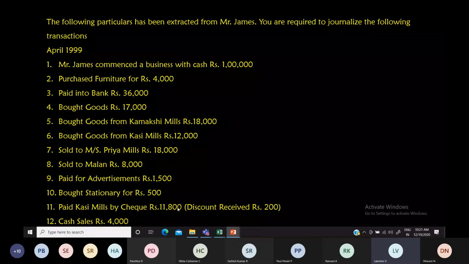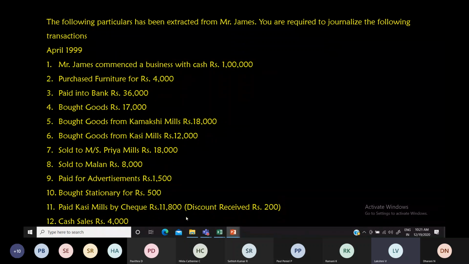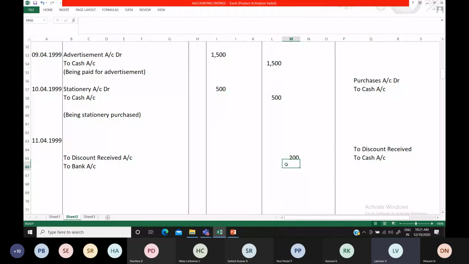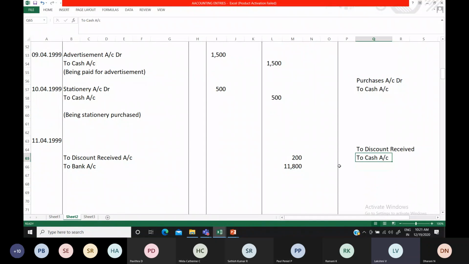Payment, actually how much I'm paying, 11,800 only I'm paying him. So that 11,800 only I have to consider as what I am paying him. Either it can be in cash form, or through check, I am using bank, that 11,800 I am going to pay him.